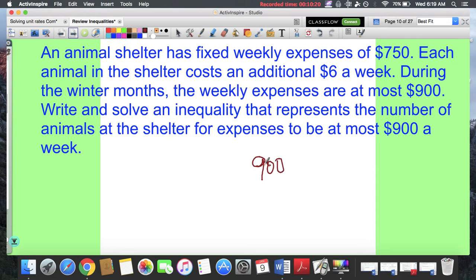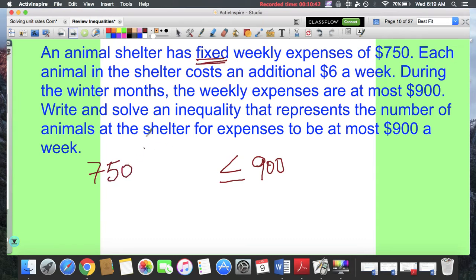So if your whole expenses, including the dogs, is at most 900, that means, okay, so it's not going to be greater than 900, it's going to be less or equal to 900. So of the $900, what makes up $900? Well, $750 for sure, because it's fixed.